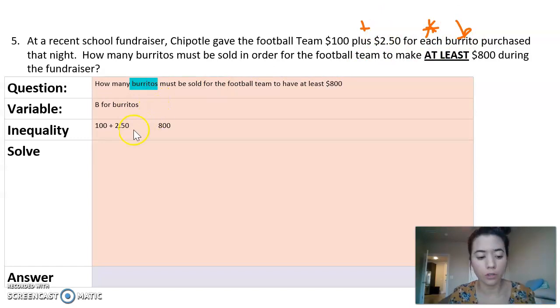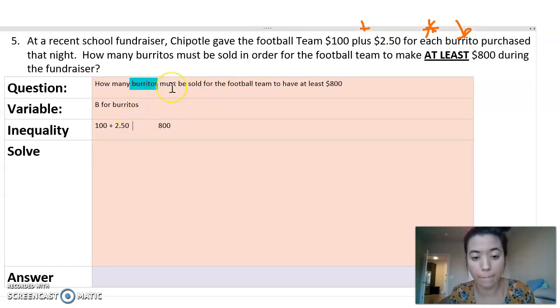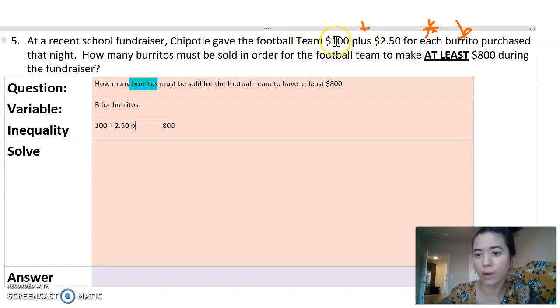Another way you can think about it is wherever you see that word burrito, what number is it closer to? It's right next to the 2.50. So whatever number it's closest to up here in our words, that's the number we put it next to in our inequality.